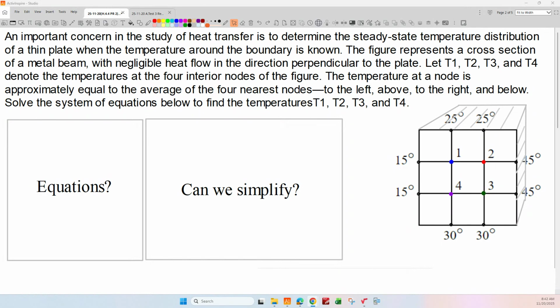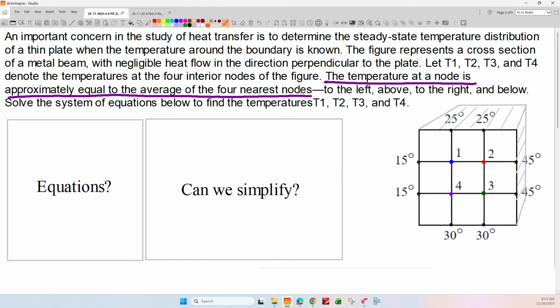Good. So what'd you get then, for example, if we take node number 1, how do we take advantage of this idea that the temperature at a node is approximately equal to the average of the four nearest nodes?